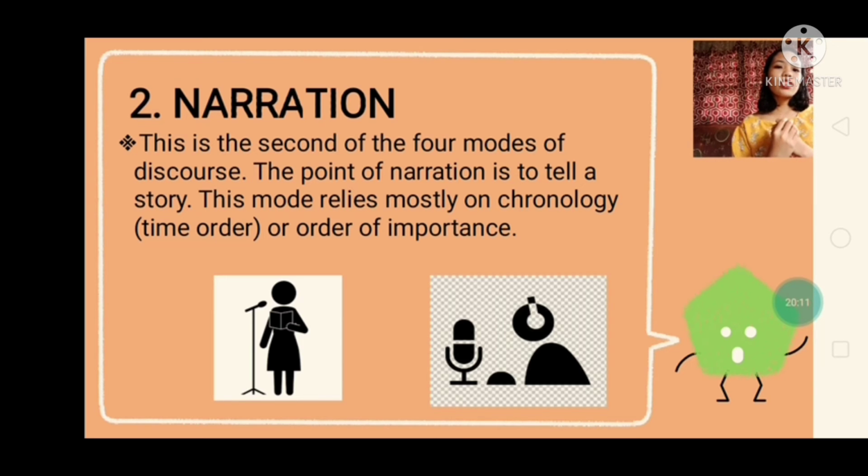And some of this as yung example ng narration is poem reciting, yung sa pag nagdi-DJ ka, magbabasa ka ng story ng mga nag-send sa'yo. So, that are some example of narration.